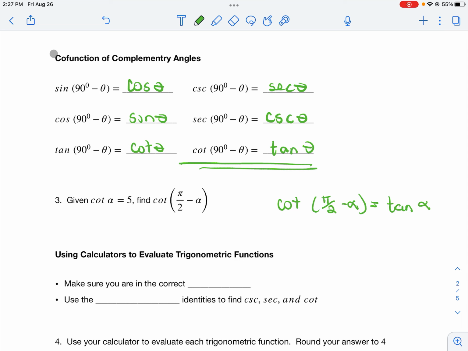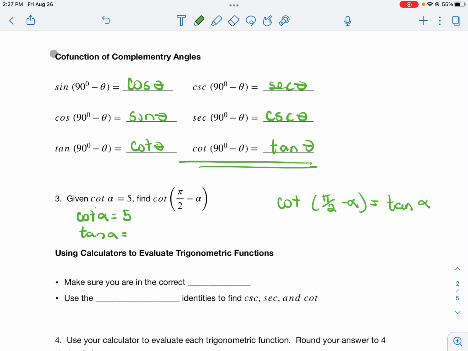So if I was given that cotangent of alpha is 5, then tangent, which is the reciprocal identity of cotangent, 1 over cotangent, must be 1 over 5. I can flip it over. So therefore, I can conclude that cotangent of pi over 2 minus alpha is 1/5. So just kind of putting that together.